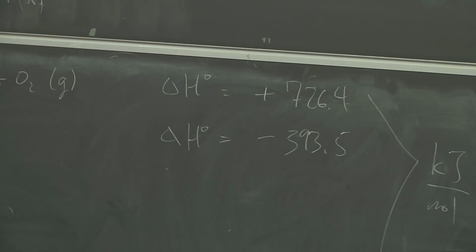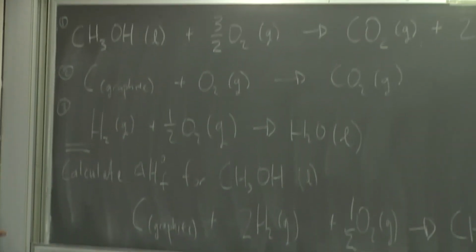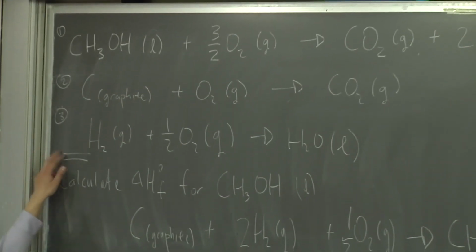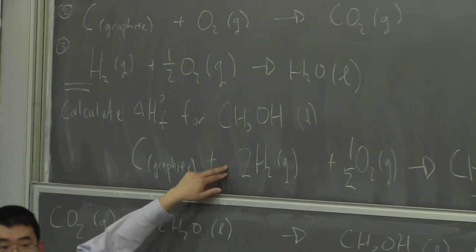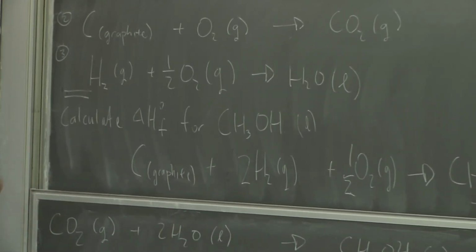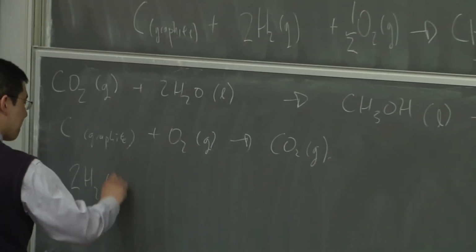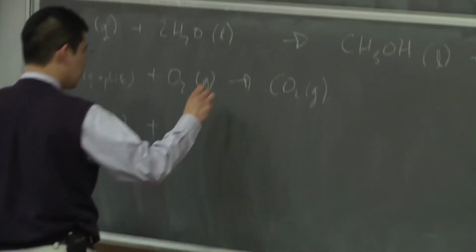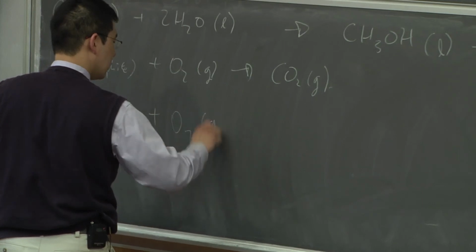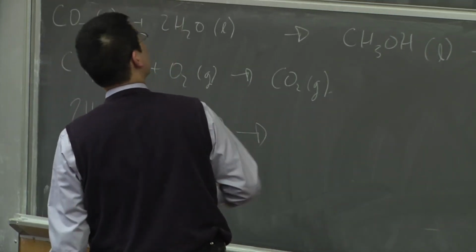And for the third one, well, the H2 is on the correct side, right? It's on the left, on the reactant side. But there's 1 here and 2 here. So I'm going to want to double it. So when I double it, I have to double everything. So I get 2H2 plus how many O2? 1 O2 gives me 2H2O.